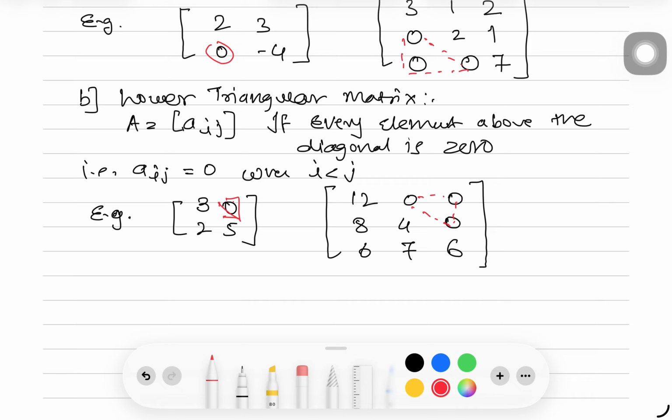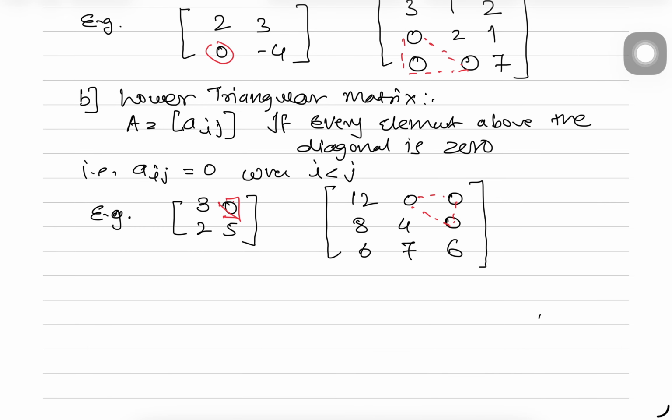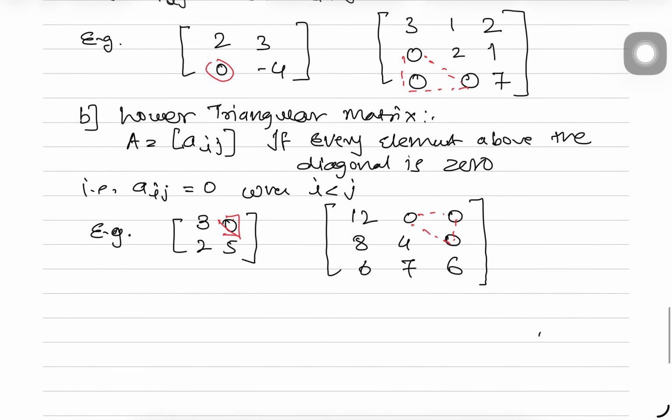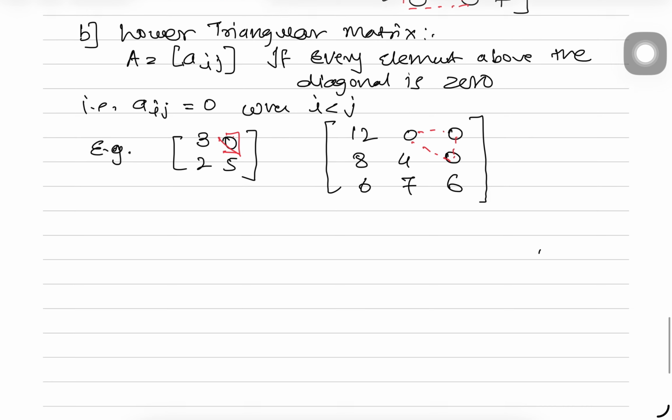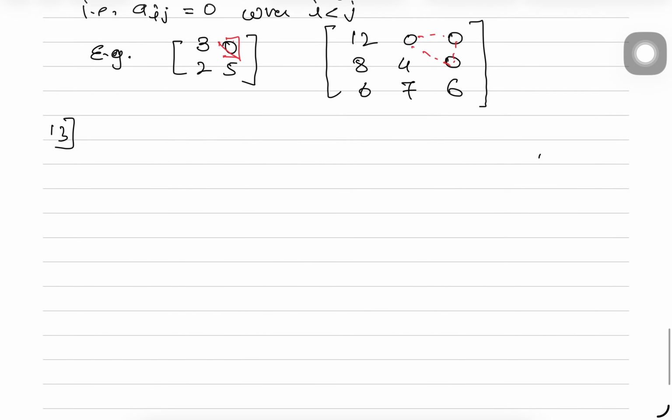Okay, next, number 12 and then 13th. There are the last two remaining: the symmetric matrix and the skew symmetric matrix.